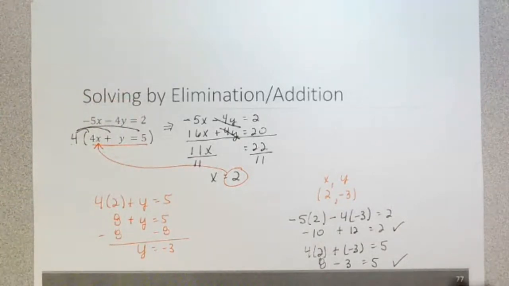Okay, so there's our 3 methods. We can use any one of those 3 methods to solve a system of equations. The graphing method is more valuable when you have access to technology, like a graphing calculator or Desmos, for example, on the computer. But you can sketch it by hand as well.